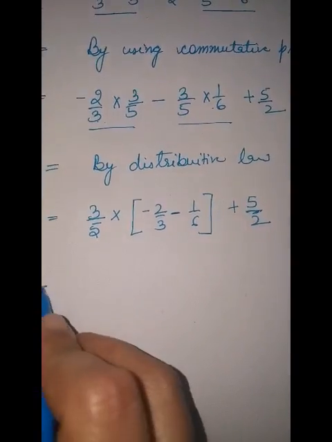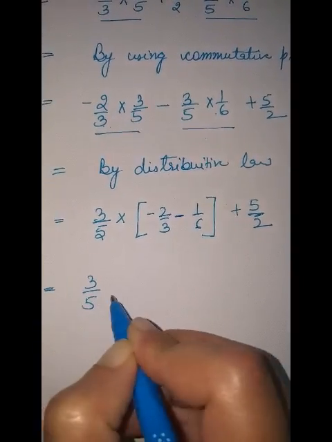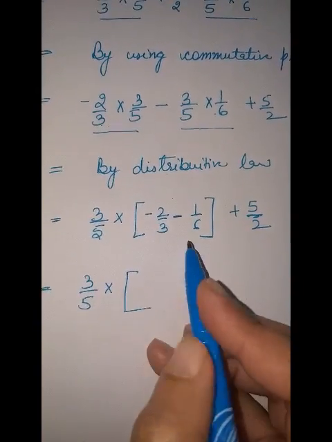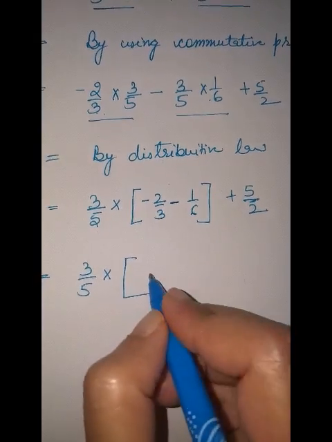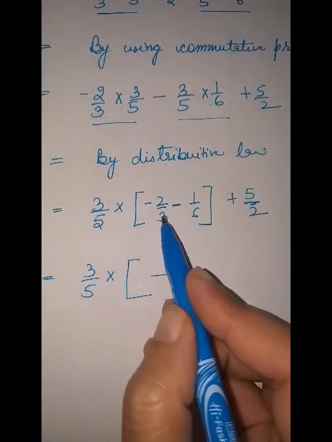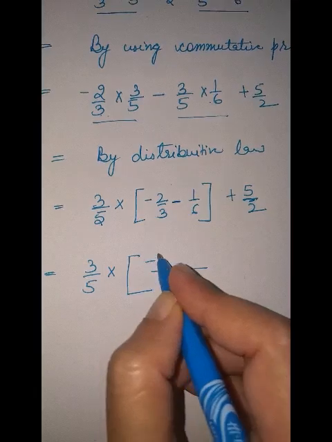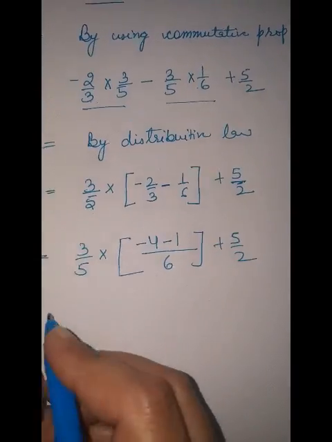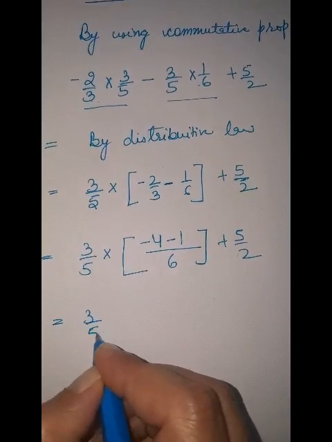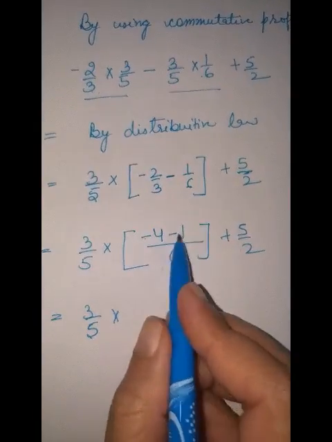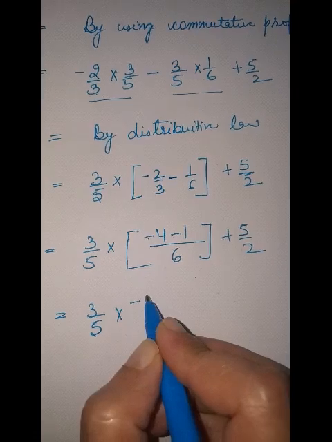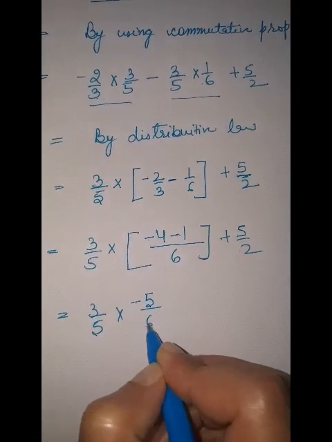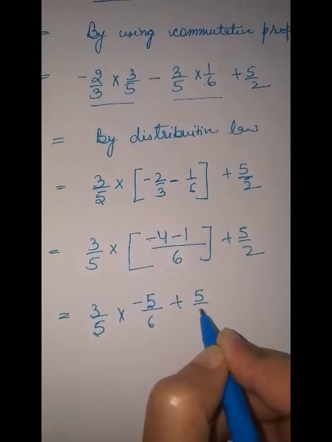Now 3/5. Now we will take the LCM here. 3 and 6 LCM will be 6. 6 here, 3 2s are 6 and 2 2s are 4, -4 -1 plus 5/2. Now 3/5 multiply by minus is minus, sign will be of minus 5/6 plus 5/2.